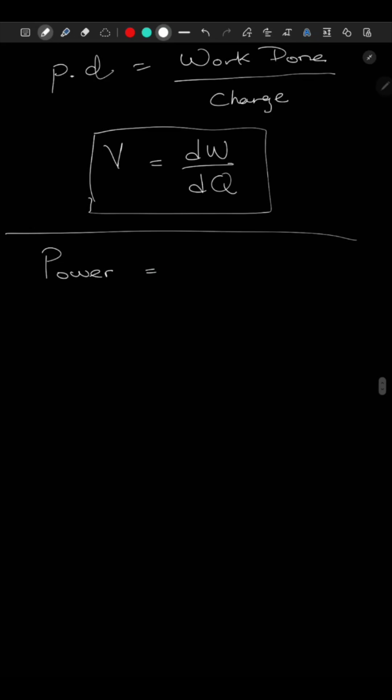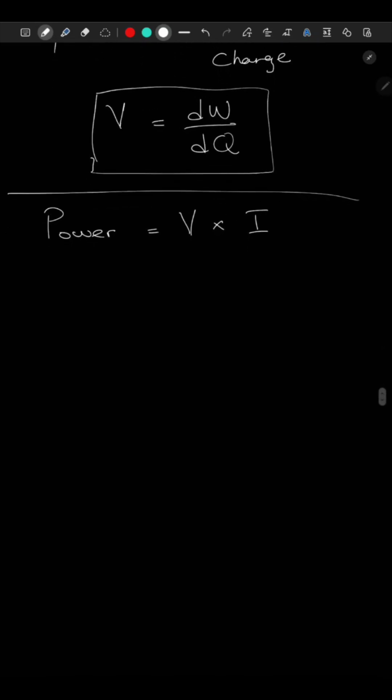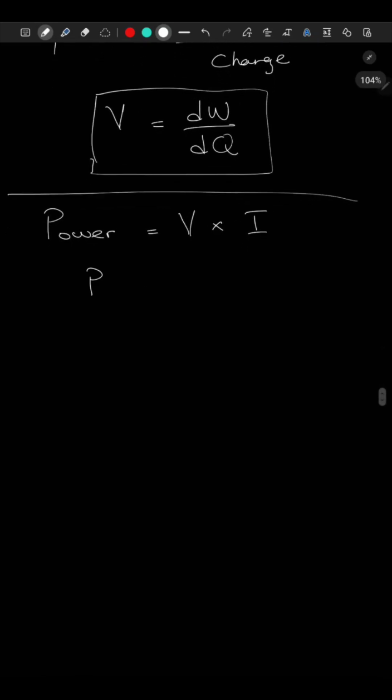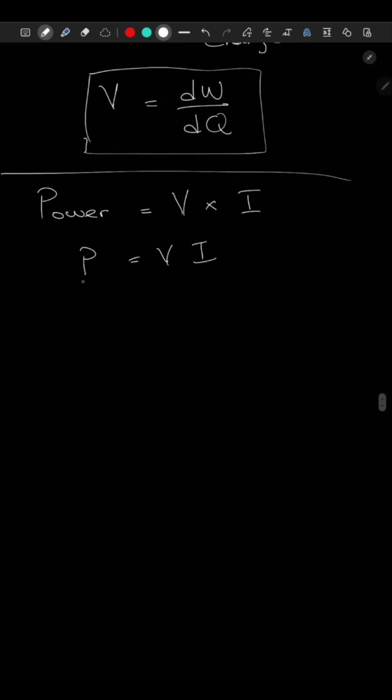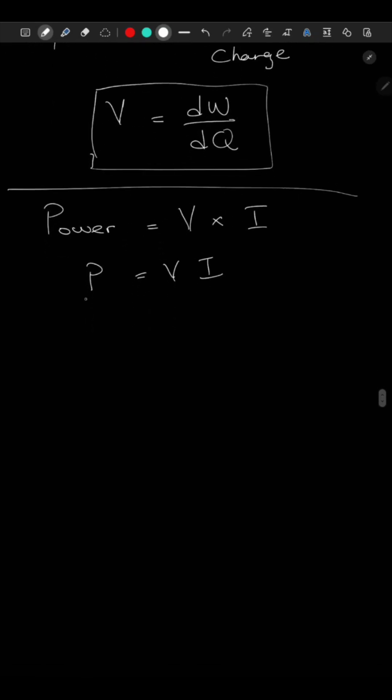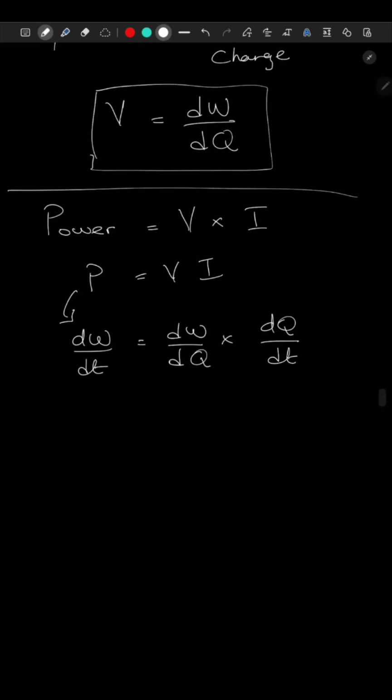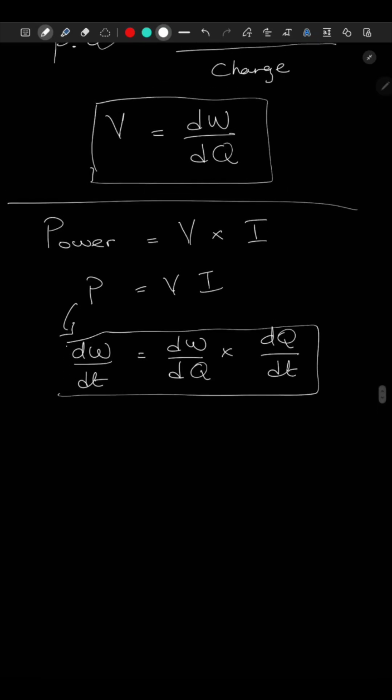So power is also given by the voltage multiplied by the current I. You can write it as: the power is the rate of doing work, so it is dW divided by dt. And the voltage is the work done divided by the charge, and the current is the charge per unit time. Okay, so this is related.